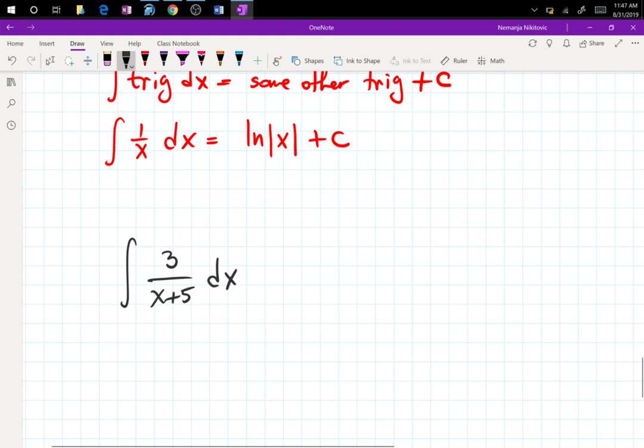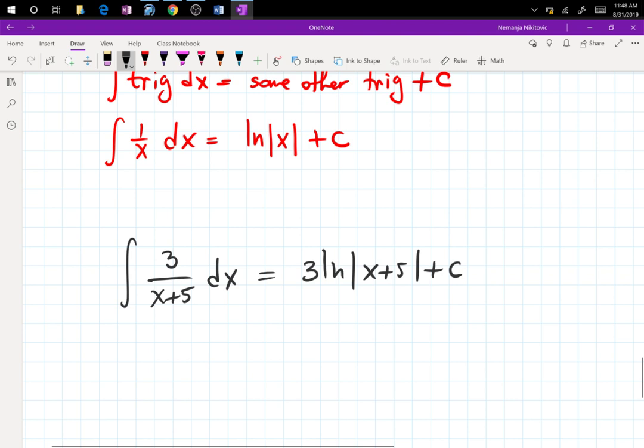Now, this is a Calculus 1 problem, which you solve using U sub. And you will do this so much that you will be skipping all of the U sub inside and just providing the answer immediately. You will do so much homework and so many problems, and I'll do so too as the introductory, that you will immediately say, oh yeah, that's 3 ln absolute x plus 5 plus c. And you just move along.